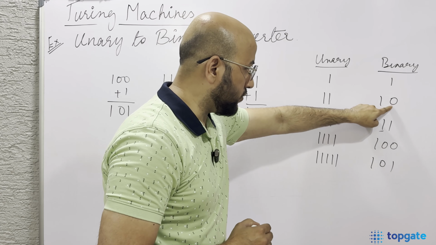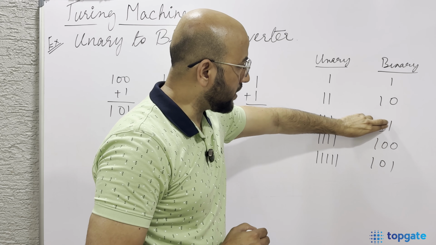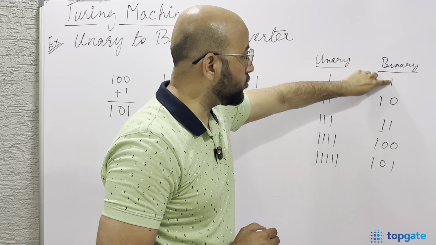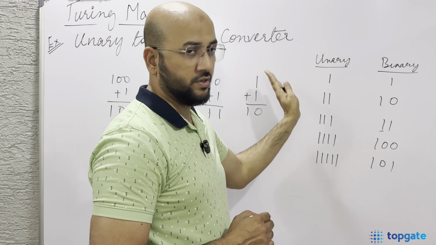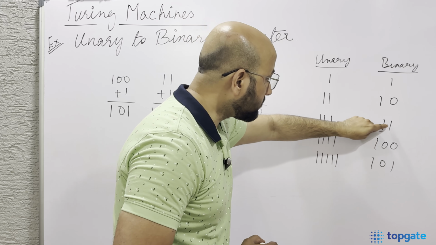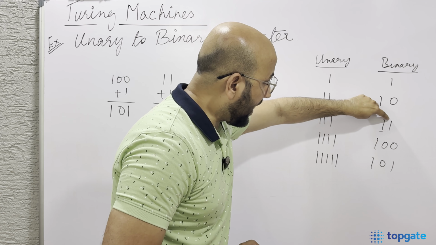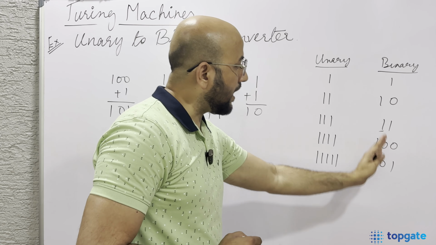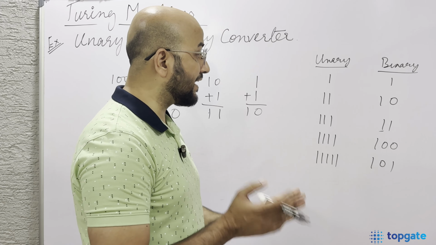That means if you see a 0, just change it to 1 and your work is done. But if you see a 1 and are adding 1 to it, then 1 should be changed to 0 and you go on to the left hand side. Like you can see here, when I added 1 to this one, 1 was changed to 0, and then I went on to the left hand side with a carry in hand.